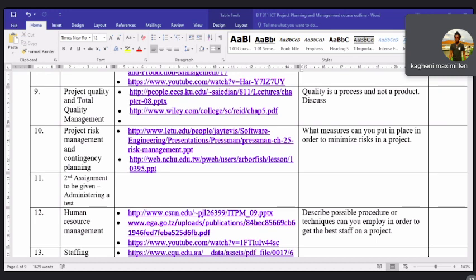Substandard work results in substandard products. And every part of a process contributes heavily to the quality of the product.